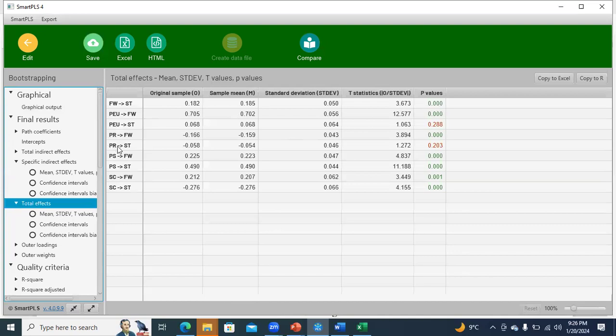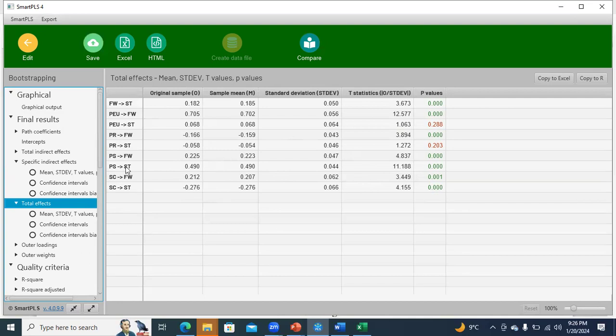Then you can see PR direct impact on ST. This is negative and insignificant. Direct impact of PS on ST. This is significant. So we may have two partial mediation and two full mediation, because two of the variables having the direct impact are not significant, while two of the variables having the direct impact are significant.